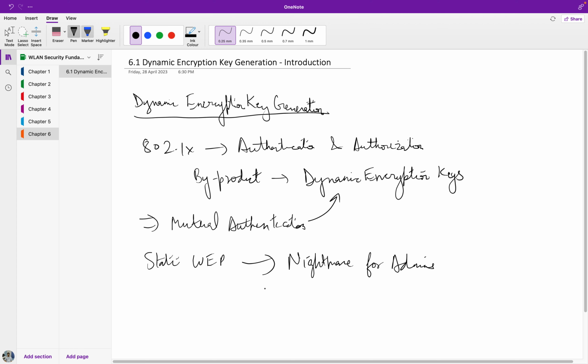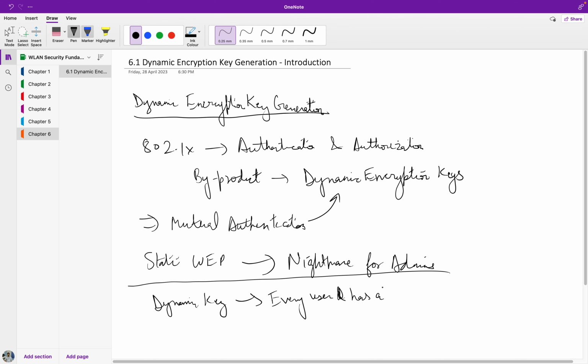So the advantage of dynamic keys is that every user has a different and unique key, which cannot be compromised using social engineering.